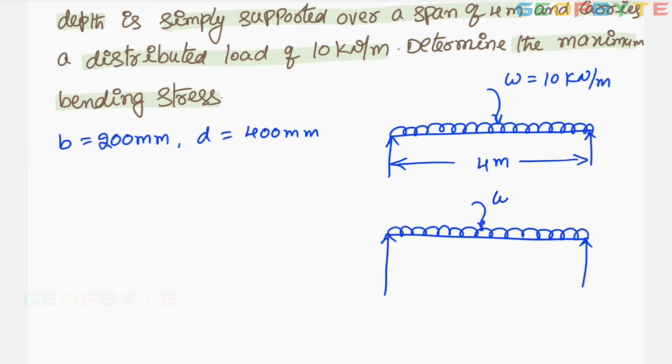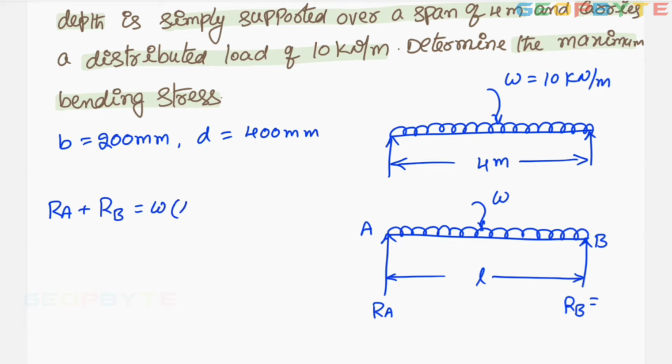Let that UDL be W, and the length of the beam be L. Let the supports be A and B, with reactions RA and RB. Here RA plus RB equals W into L, UDL multiplied by UDL distance.